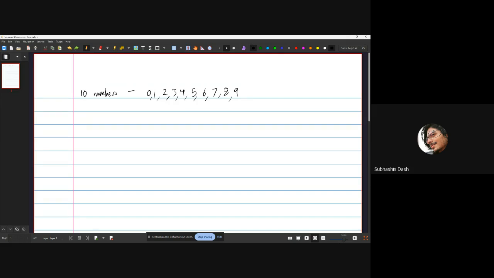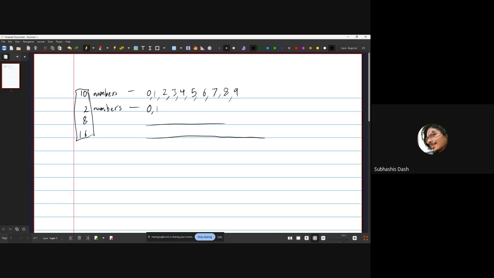Similarly, for a binary system, we just use two digits, which are 0 and 1. Similarly, for octal, hexadecimal and so on, we just have a different number of digits. These are what we call base n number systems.